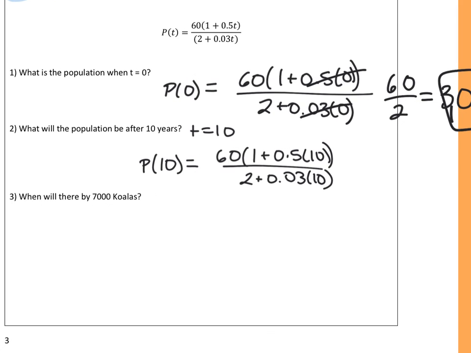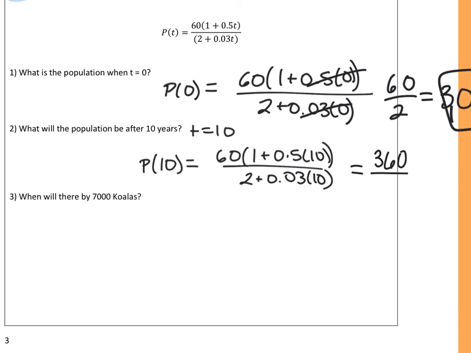Type that in. I'm not going to do it. Type in just the numerator and tell me what that is. It's 360. Okay.